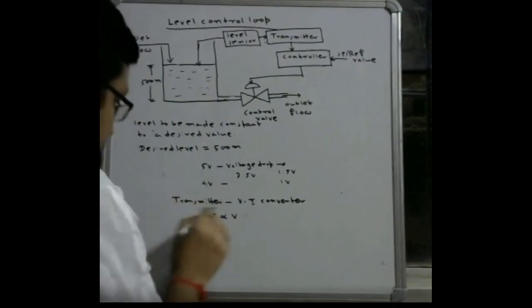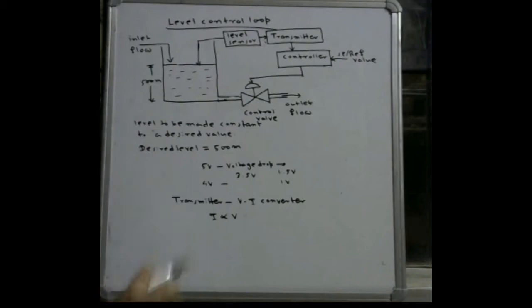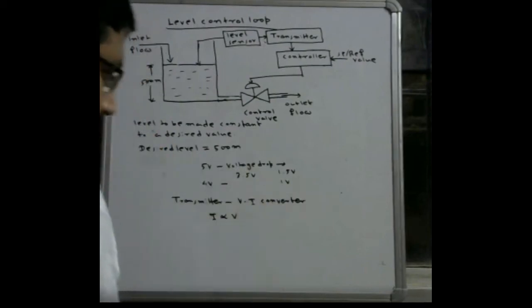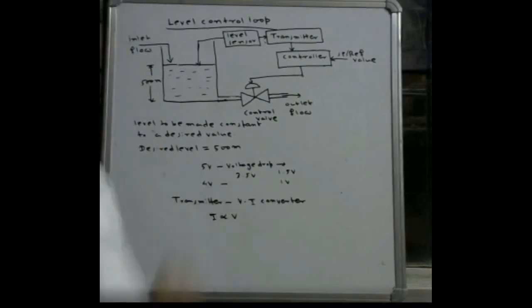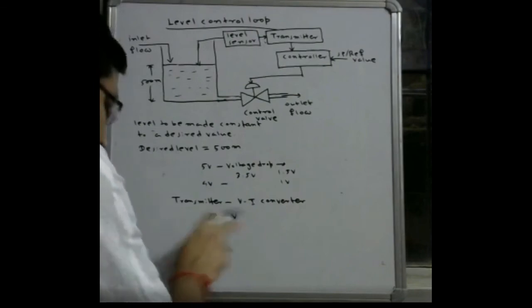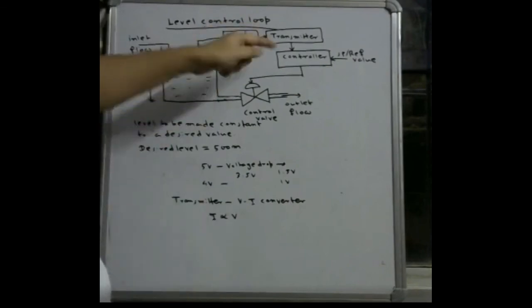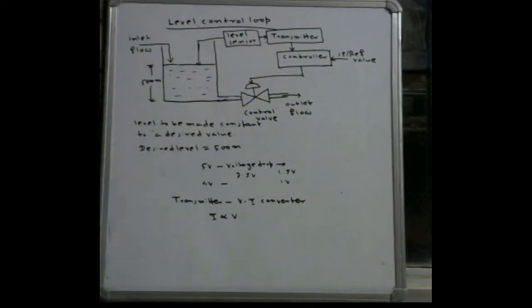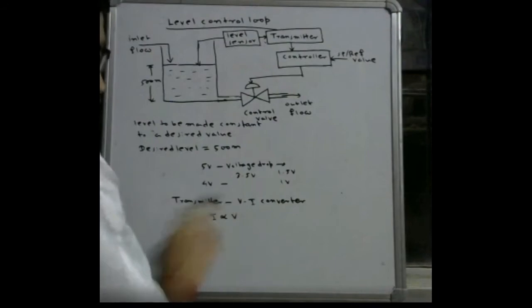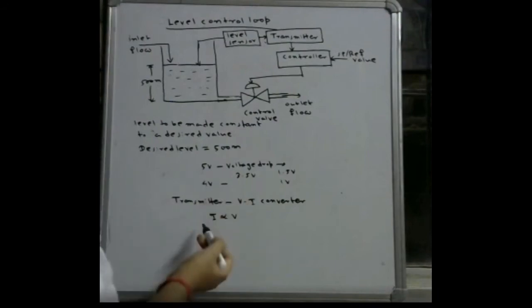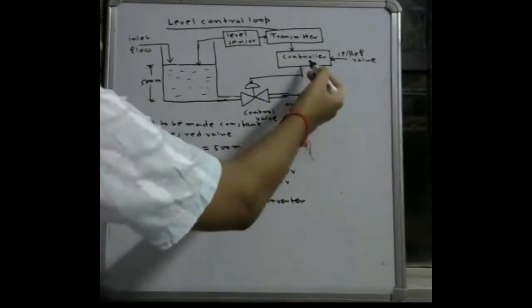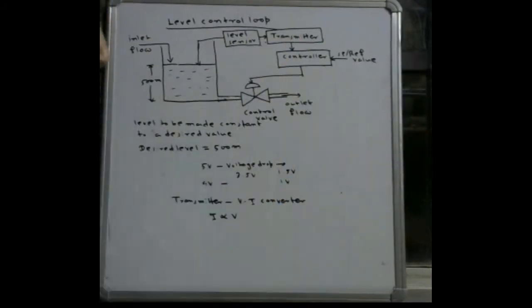So the transmitter will deliver a constant current at its output. So now if we transmit the voltage in the current form, this signal is not transmitted in the voltage form, it is converted to current, and that current will be transmitted through a long distance to the controller.